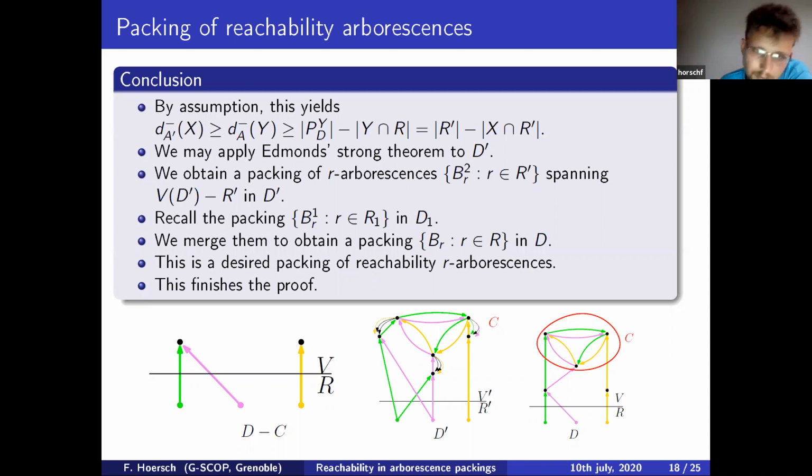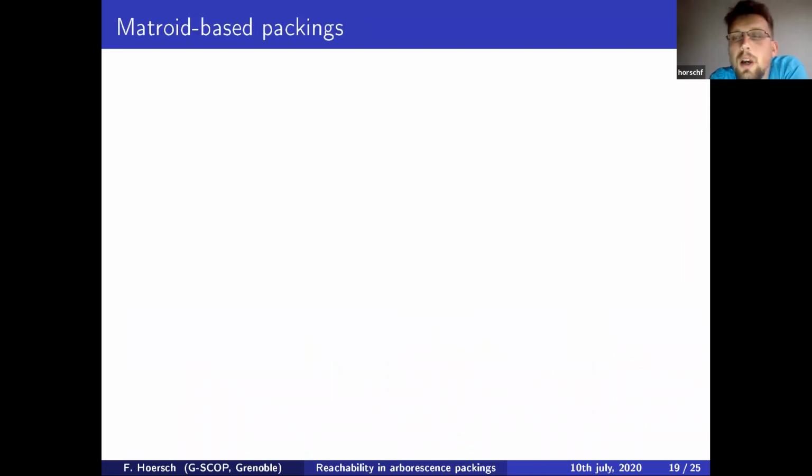So first thing I want to talk about are Matroid-based packings. So far, I always required arborescences to span everything, either everything or everything they could reach.